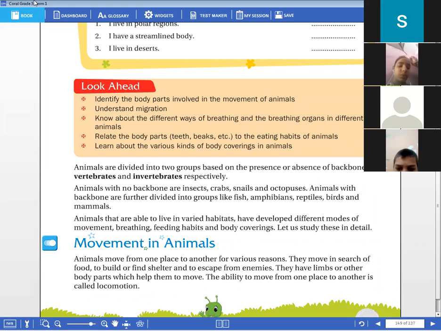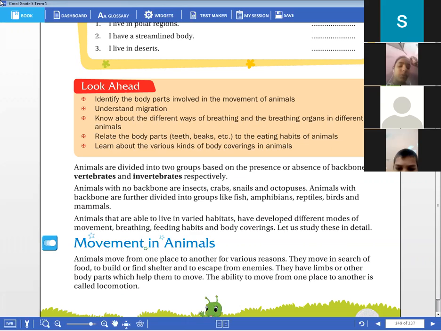Amphibians, children, are animals which have a very small vertebrae, a very small backbone. They need a little bit of water to survive. Reptiles, children, live on both land and water.